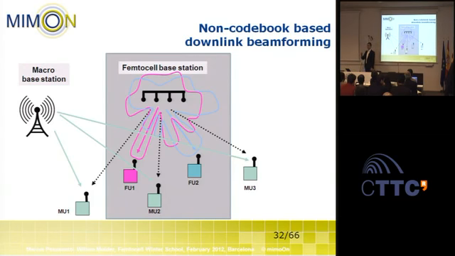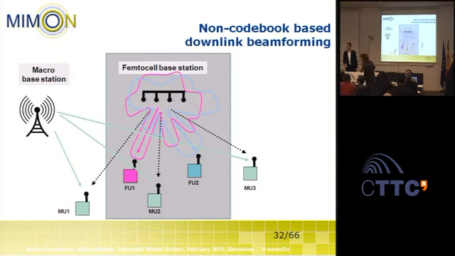This is very important in the context of femto cells, because, for example, say we have a base station with multiple antennas, and we also have a macro cell in the vicinity. Then of course we want to make sure that the femto cell base station is not creating any interference to the users of the macro cell base station. So there we need lots of degrees of freedom to design our beamformers freely, to not create interference, and to separate the streams to the different users using advanced beamforming techniques.